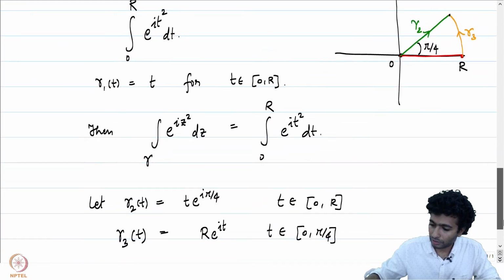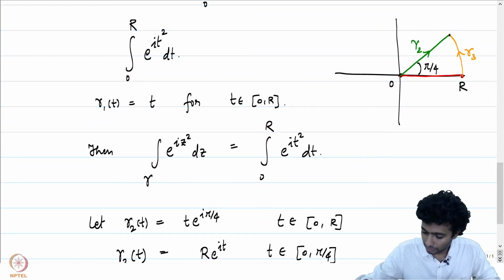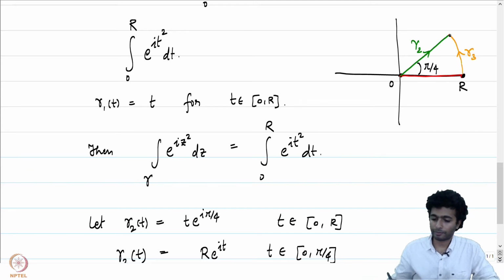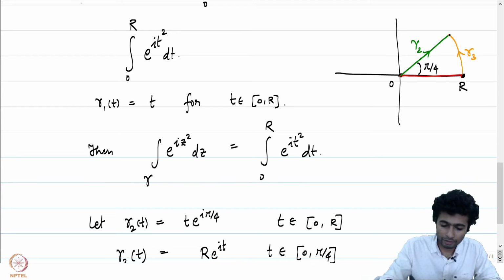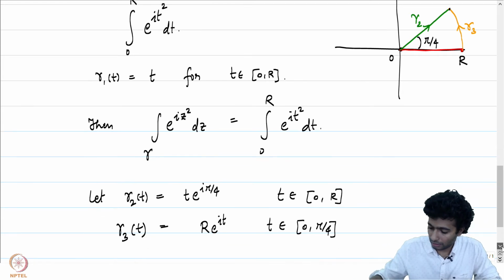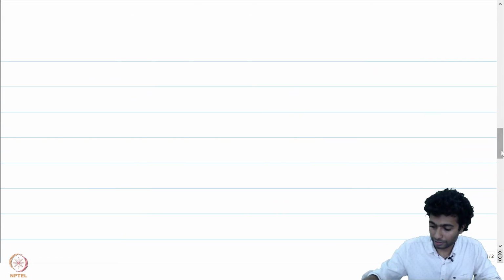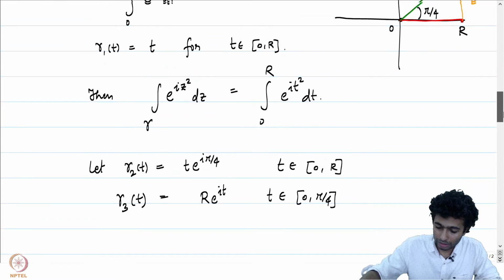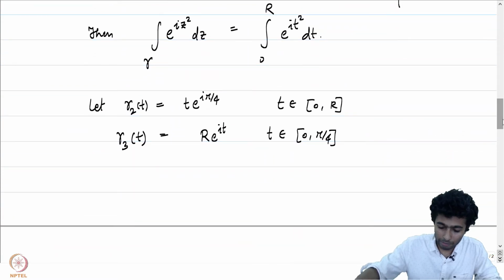This is exactly the gamma 3 that we have described. Gamma 3 of 0 is the point R, and gamma 3 of pi by 4 is R e to the power i pi by 4. So we have obtained the right parameterizations that we are interested in.